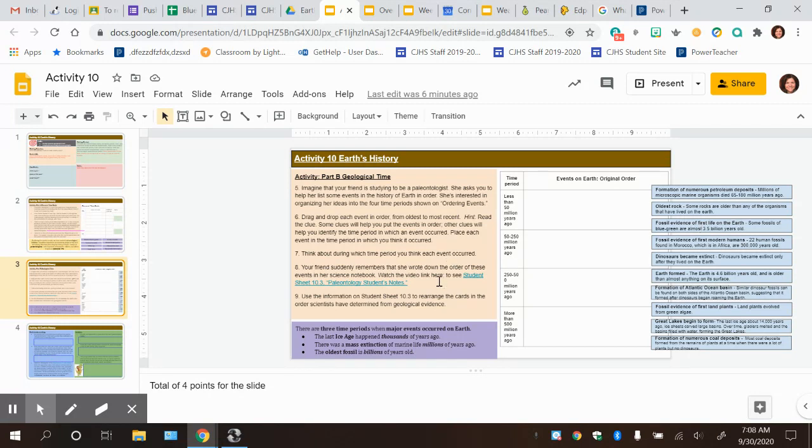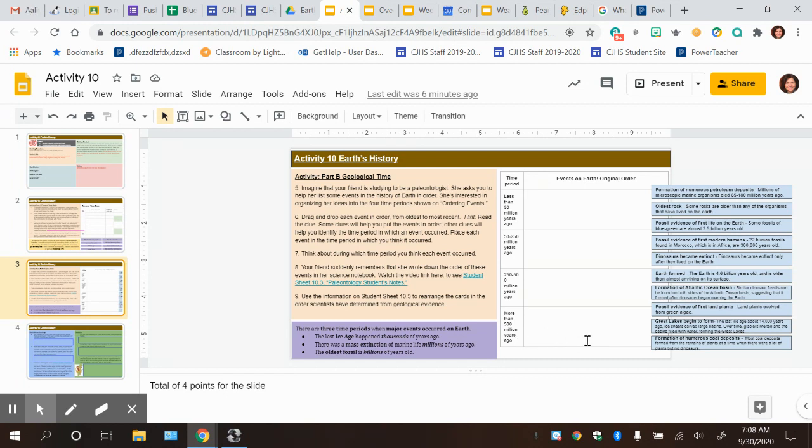So step 6 says drag and drop each event in order from oldest to most recent. So most recent would be up at the top. Oldest is going to be down here at the bottom.